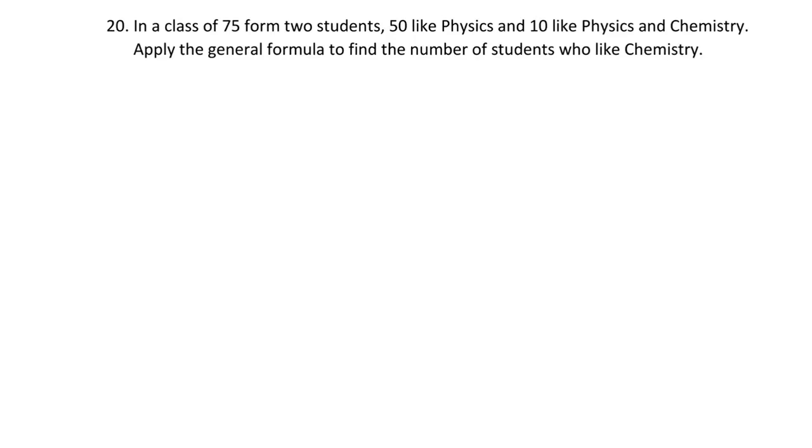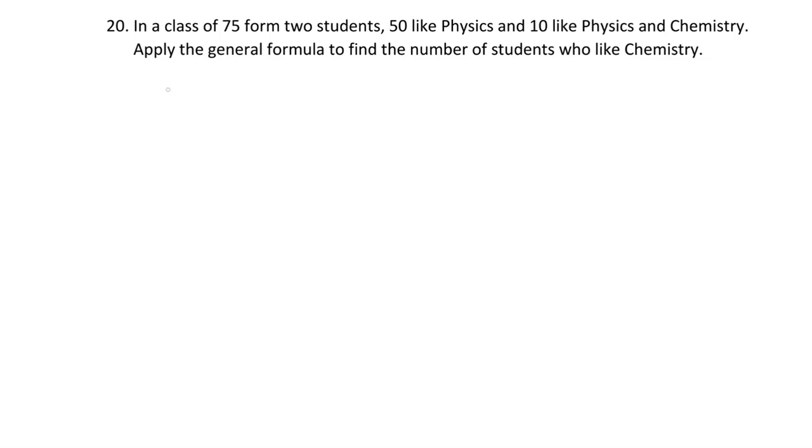Question number 20. In a class of 75 students, 50 like physics, 10 like physics and chemistry. Apply the general formula to find the number of students who like chemistry. Okay, so this is a set problem.